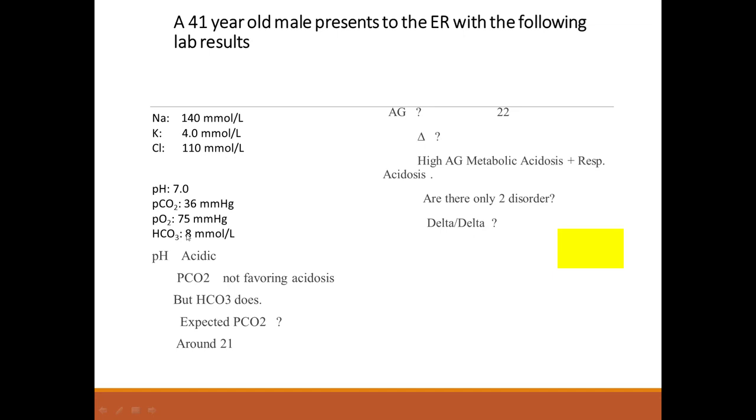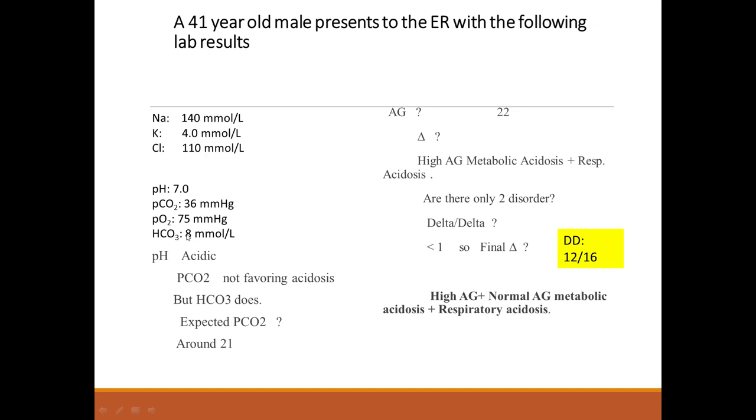Then we should also see the delta delta. Are there only two disorders? No, we should see the delta delta, and it is less than 1. How did it come to less than 1? You can see the delta anion gap is 12 and the delta bicarbonate is 16, so it's making less than 1.